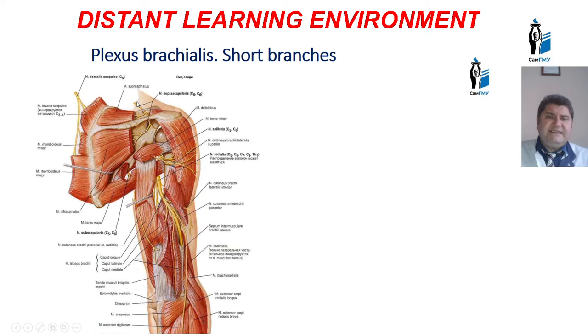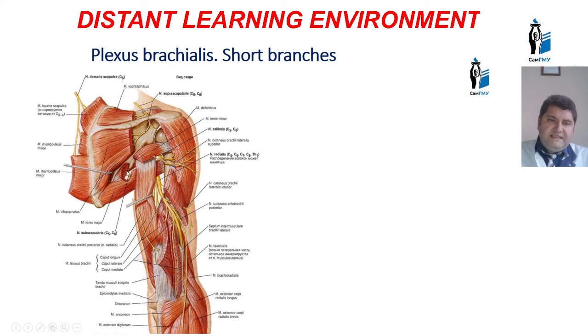Also we can see the suprascapular nerve, which passes over the notch of the scapula, and it gives branches for the supraspinatus and infraspinatus muscles. And here we can see the axillary nerve, which gives branches for the teres minor muscle, for the deltoid muscle, and also for the skin over the deltoid muscle.